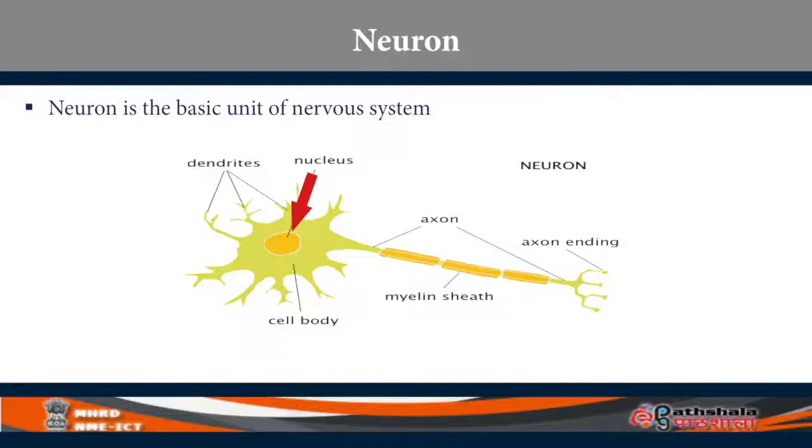Nucleus and cell body has DNA, which is the genetic blueprint that regulates all cellular activities of the nervous system. The branch-like structures are called dendrites, and they bring information into the cell body. The tube-like long structure is axon. It carries information away from cell body into the next neuron.